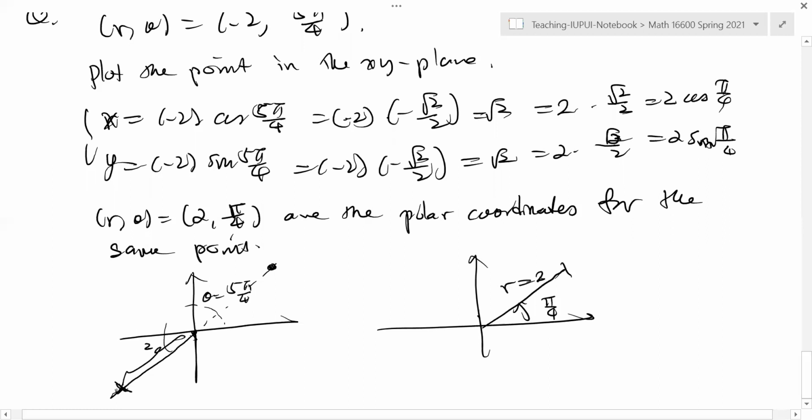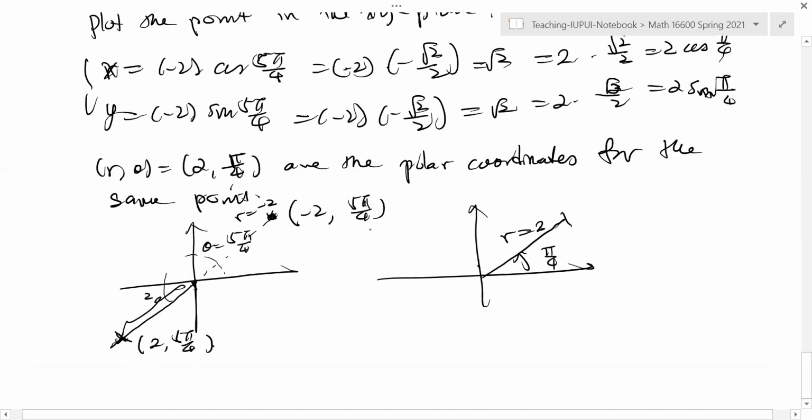You have to choose a point opposite to that. So this point I can describe as -2, 5 pi over 4, and this point I describe as 2, 5 pi over 4. So you get the same point, but just describe it in a different way.